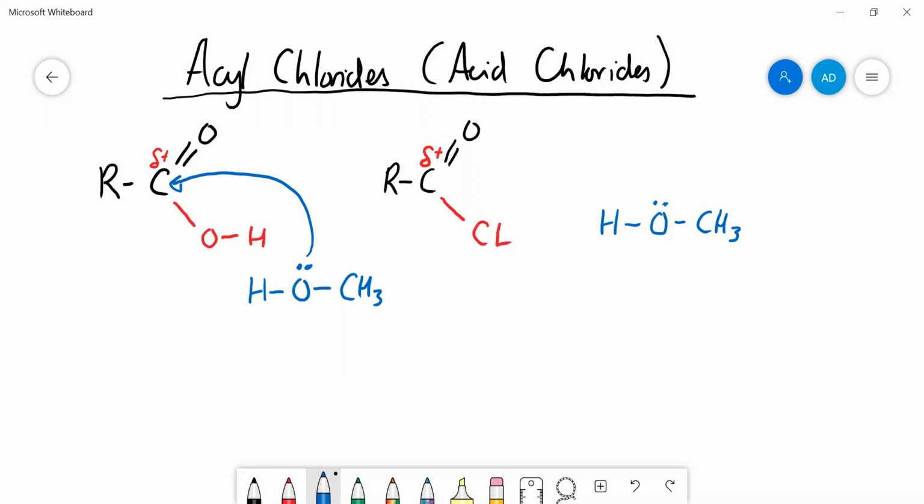Exactly the same thing happens here. That attacks the carbonyl carbon. And of course the same, because that carbon will now be forming 5 bonds, the pi bond will break here. Same here, the pi bond breaks, a pair of electrons goes onto the oxygen.